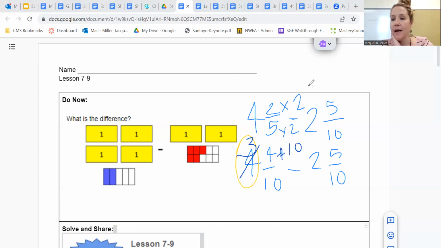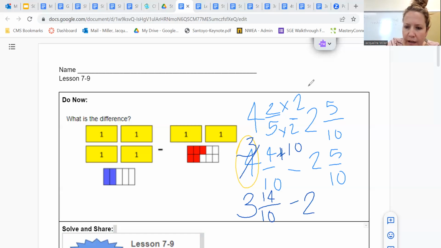And now we're ready to set up our final problem. We would rewrite this as 3 and 14/10 take away 2 and 5/10. Now we can finally do that. Our answer would be 1 and 9/10.